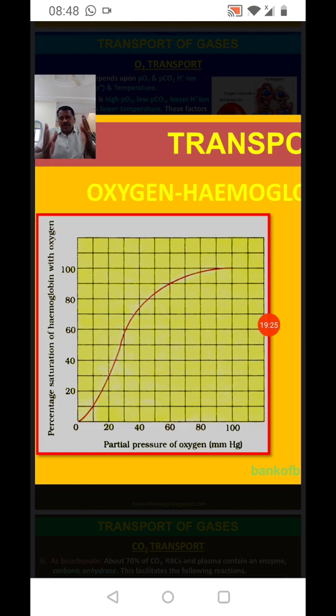That means you can simply remember, with the increase of partial pressure of oxygen, the saturation of hemoglobin increases. Remember, at 100 millimeters Hg of oxygen partial pressure, the hemoglobin is 97% saturated. That means almost fully saturated.